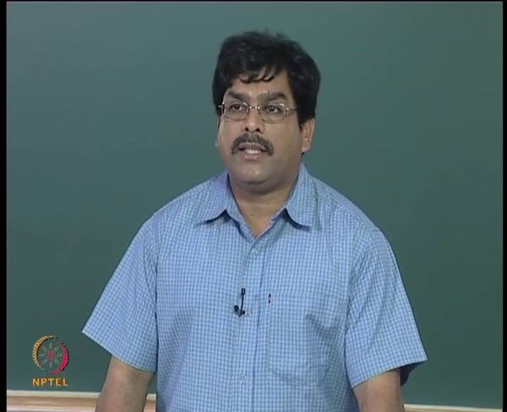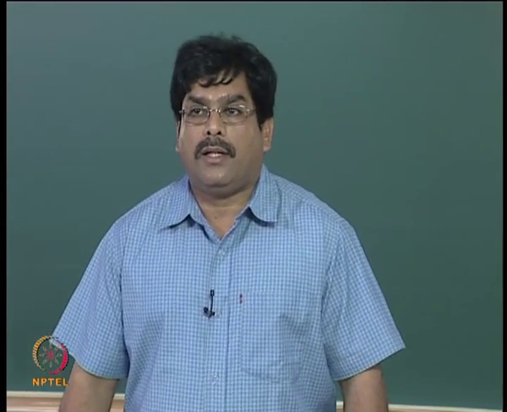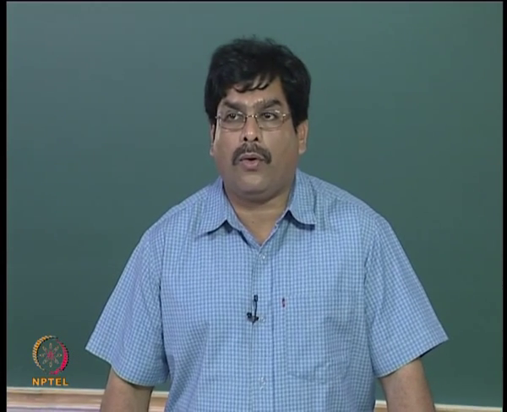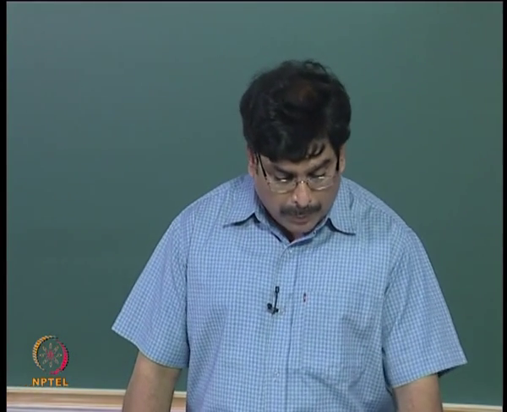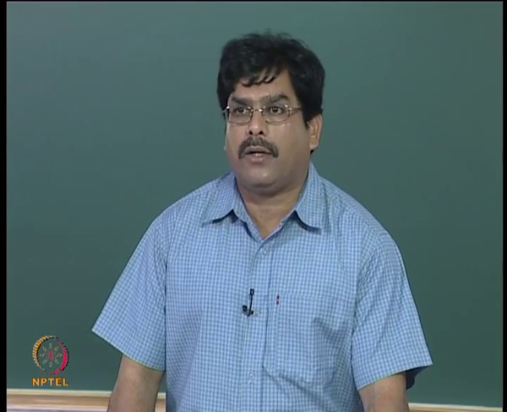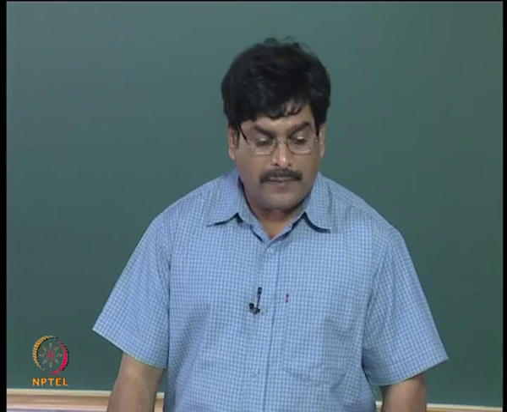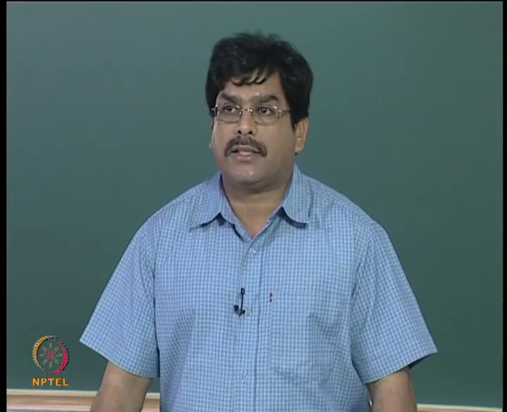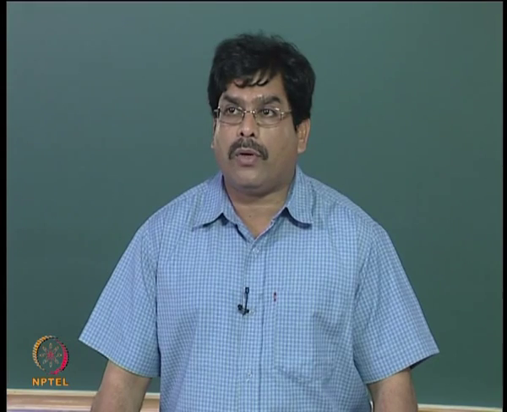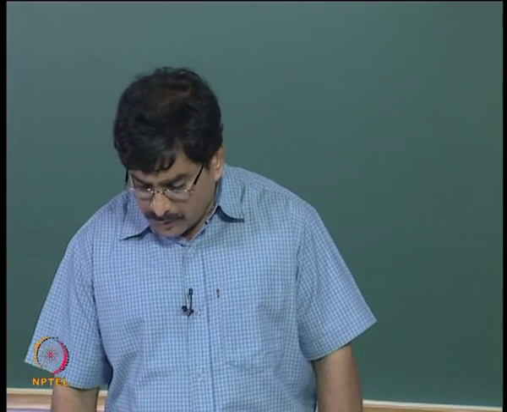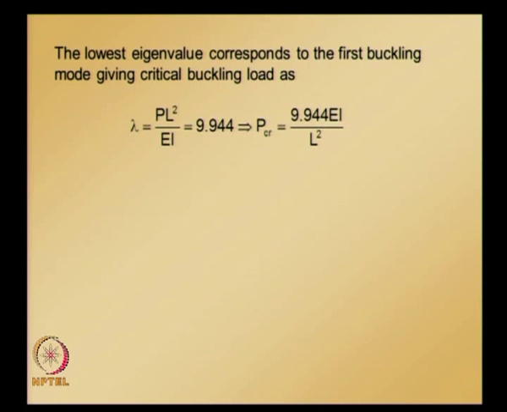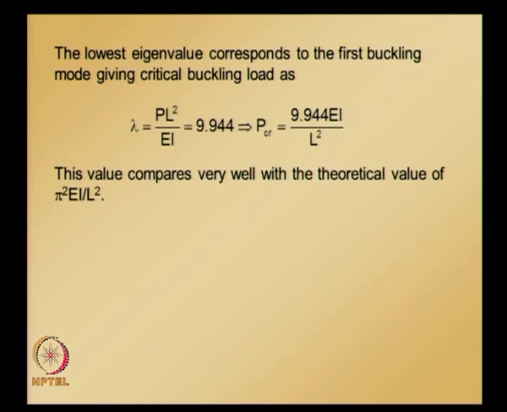So, lambda 1 is equal to 9.944, that will be equated to PL square over EI, and back calculate what is P. We obtain P critical as 9.944 EI over L square, and if we compare this with the theoretical value, which is pi square EI over L square, it matches very well.